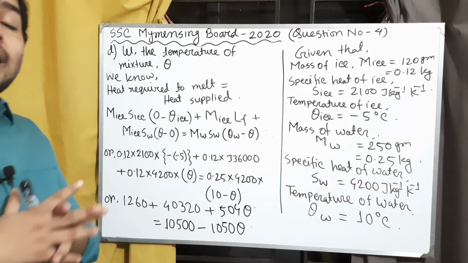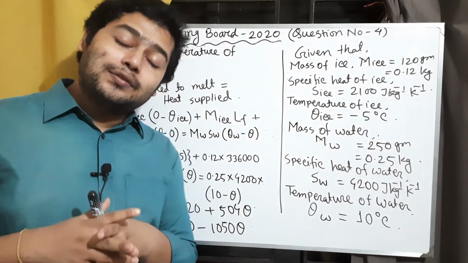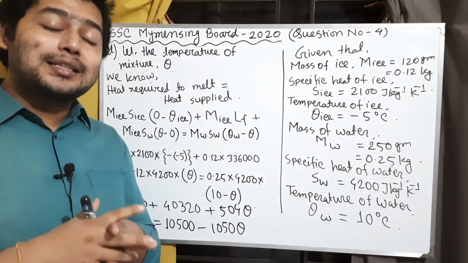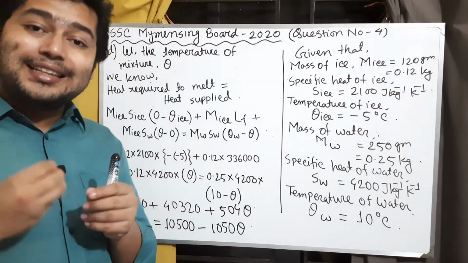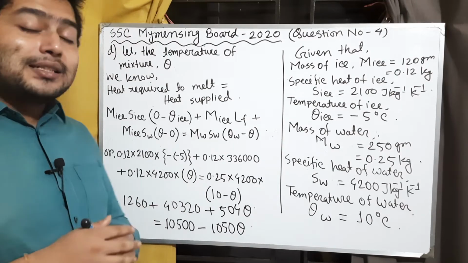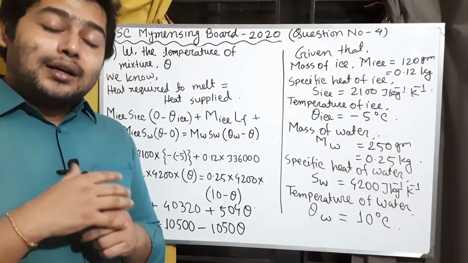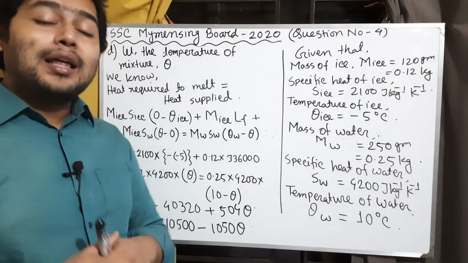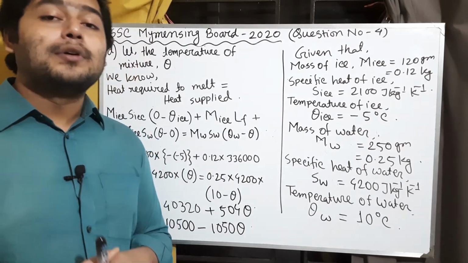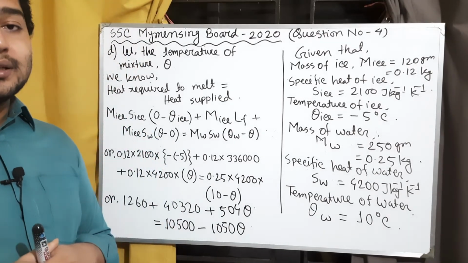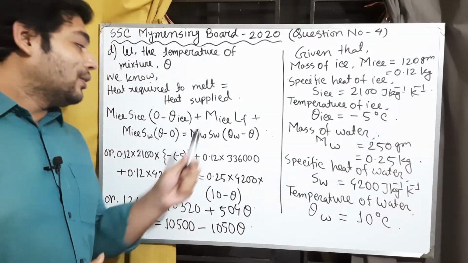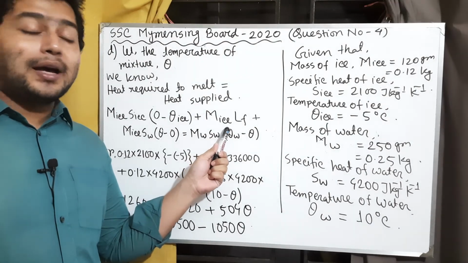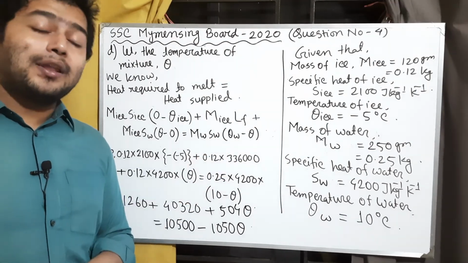plus, in this step when the ice converts from 0 degree Celsius ice to 0 degree Celsius water, only the state is changed. In this state the ice will gain a latent heat, called latent heat of freezing point. So here the heat gain is m ice, mass of ice, into L F, latent heat.